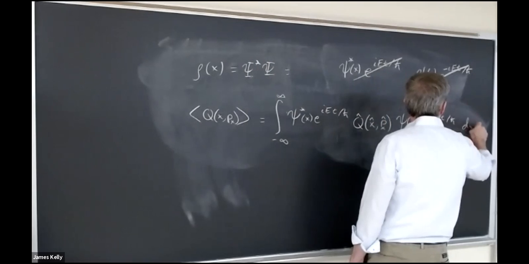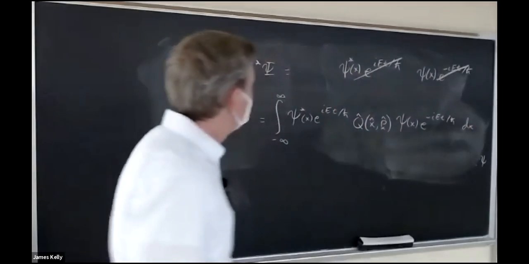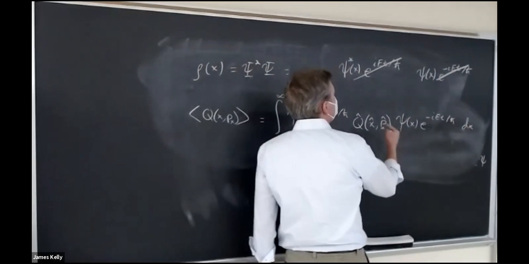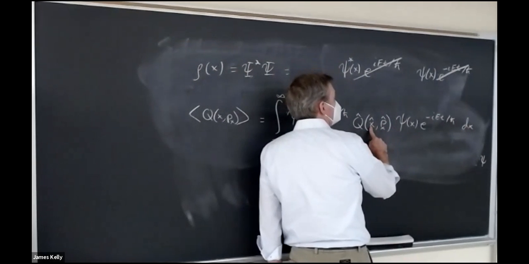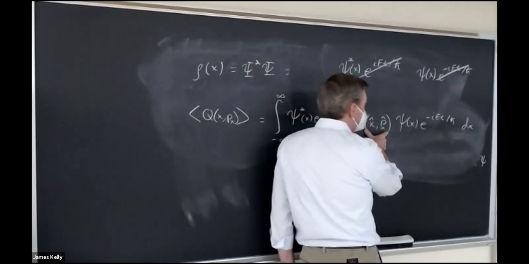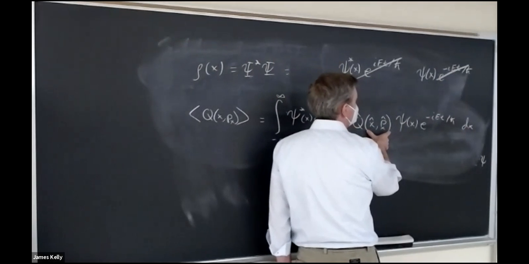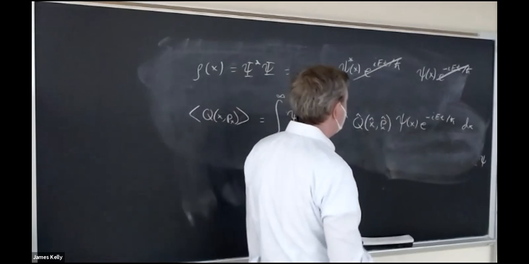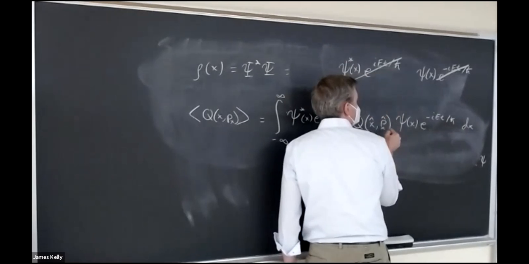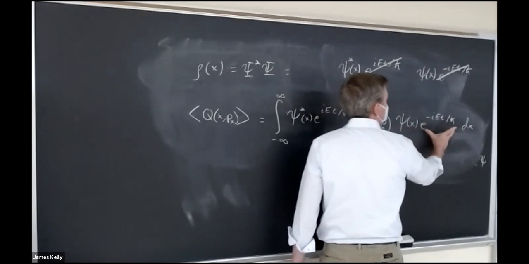And then we integrate with respect to x. What a mess. But it's not such a mess. The important thing is that this is just multiplication by x, and this has derivatives in it. So this operator might involve multiplying by x's and taking various orders of derivatives of what comes to the right. With respect to derivatives with respect to x and multiplying by x, this exponential is just a constant.